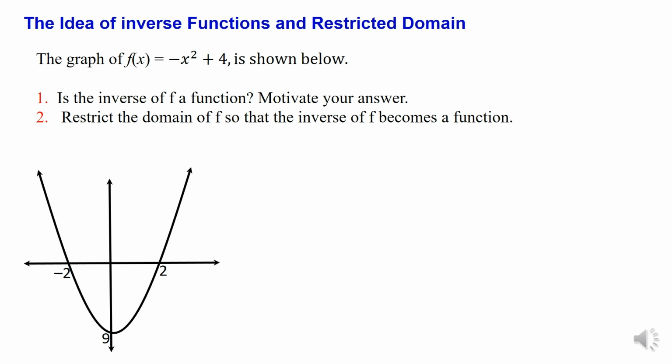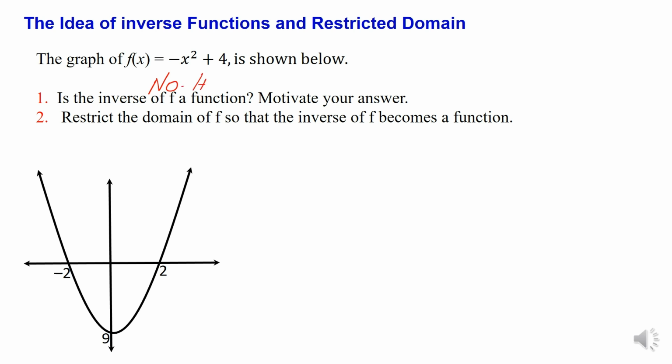Let's have a look at this question here. The graph of f of x is equal to minus x squared plus 4. Is the inverse of f a function? Motivate your answer. So for question number one, the answer is definitely no. The inverse of a parabola is not a function.